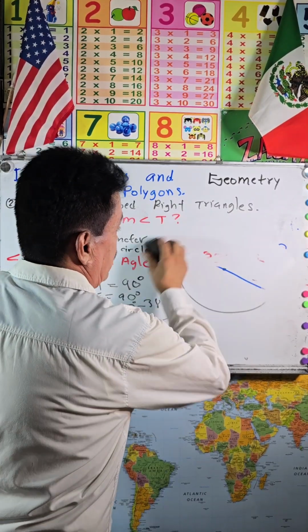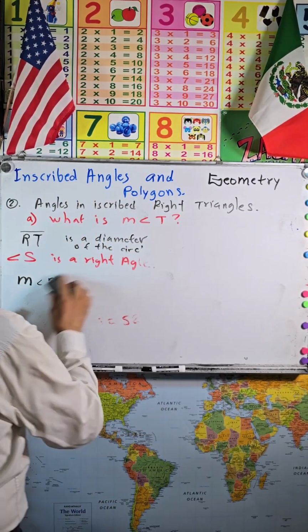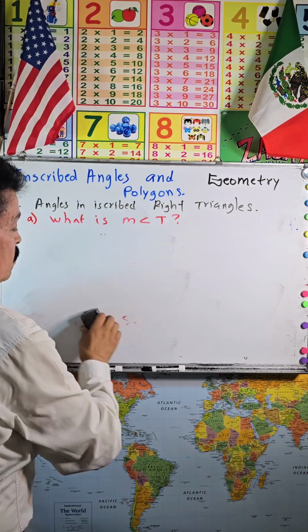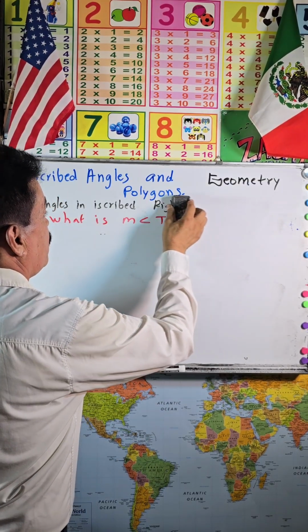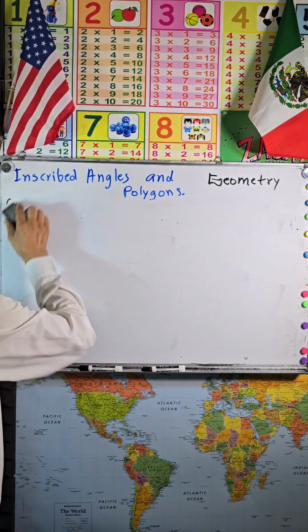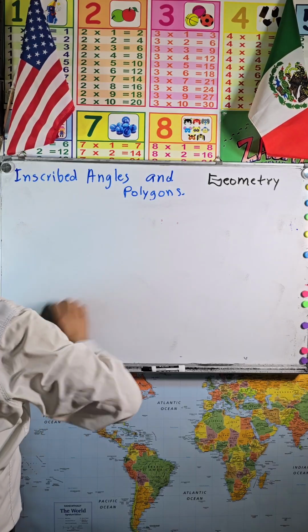Okay, let me erase this case and let's go to the third one. The third section of my class today is about inscribed angles and polygons.